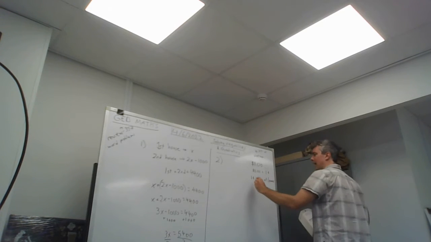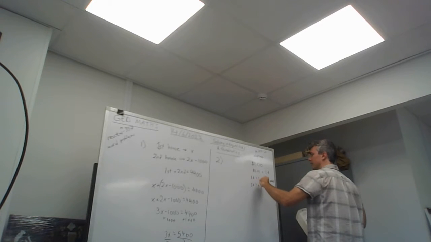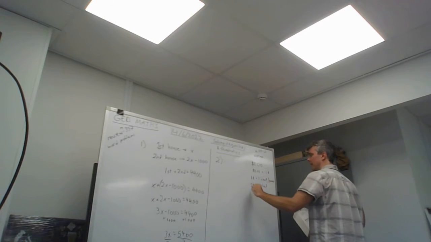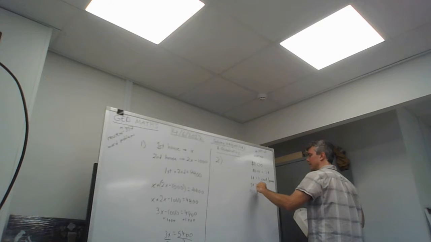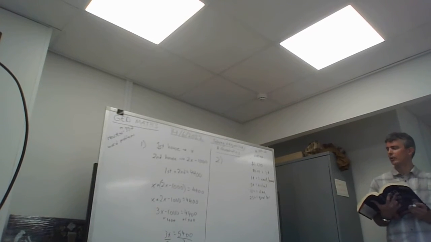Alright? Then 5 cents is a nickel. Okay? 10 cents is a dime. 25 cents is a quarter. That's pretty much it, you have 50 cents, they call it a half dollar.